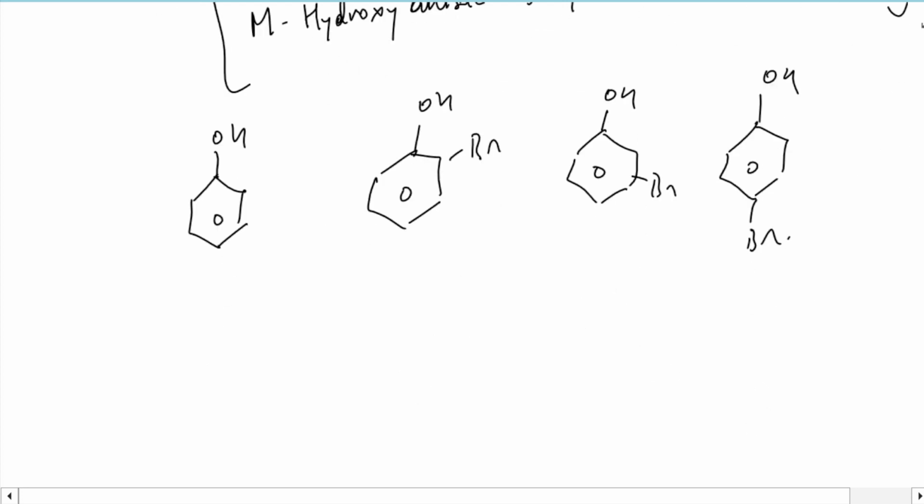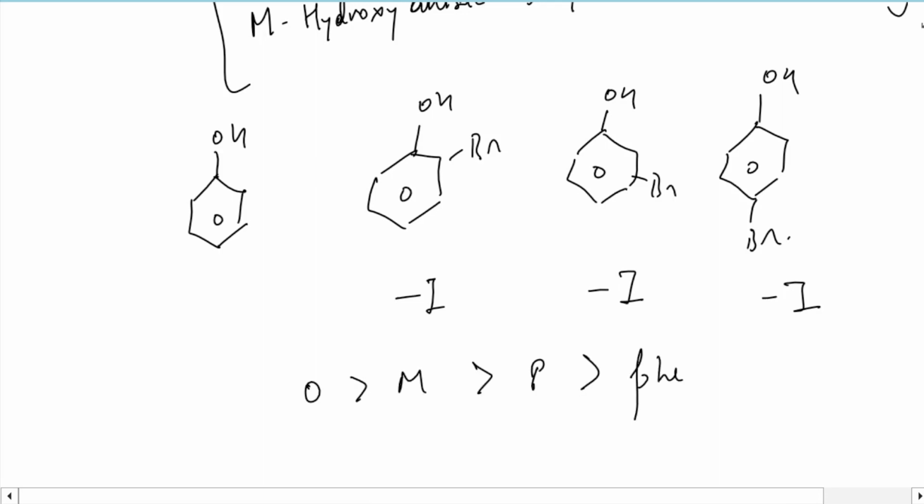Let's have an order for these phenol derivatives. So in this case, there is a minus I, there is a minus I. Plus M will be there, but that will be less dominating. So simply the order will be ortho, meta, and para, and then phenol.